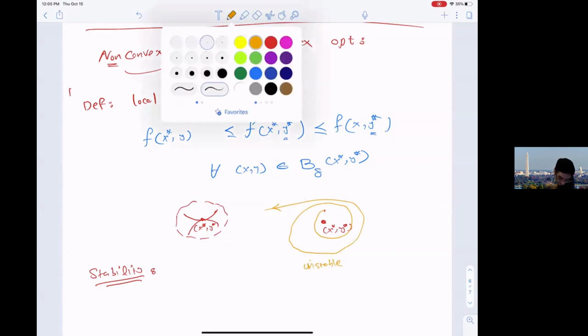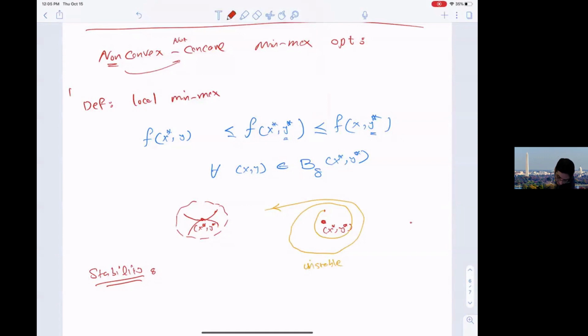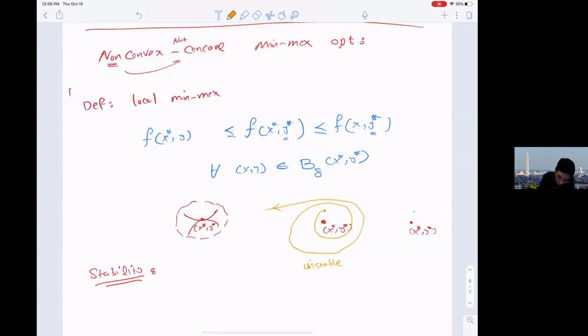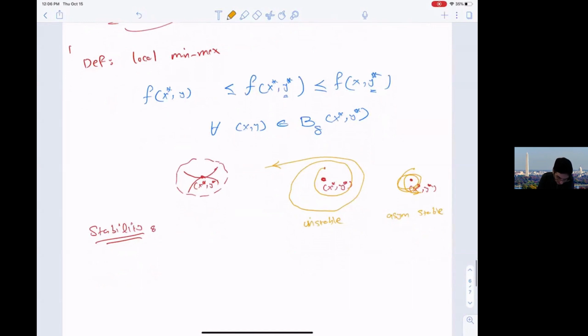On the other hand, if I start close to the point X star and Y star, and I remain close, I may not converge to X star and Y star, but I always remain close. This is called asymptotically stable. I don't converge, but I don't drift away from X star and Y star.